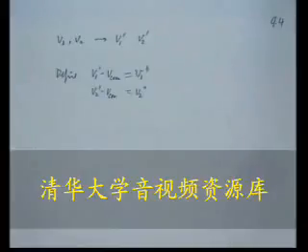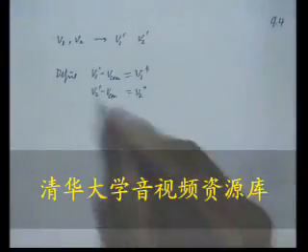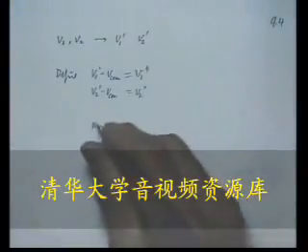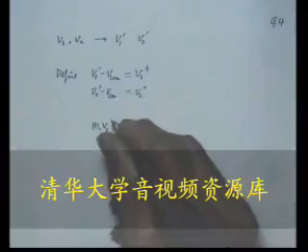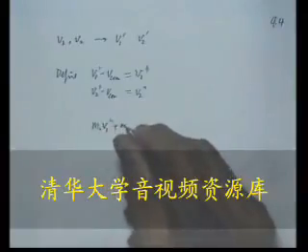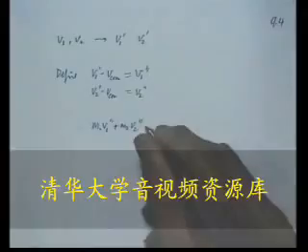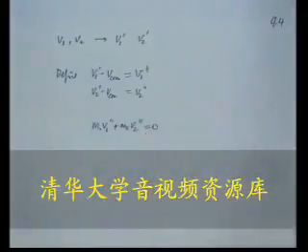So now let us try to ask what is the conservation of momentum. The conservation of momentum means that the original momentum, I claim m1 v1 double prime plus m2 v2 double prime is equal to 0.